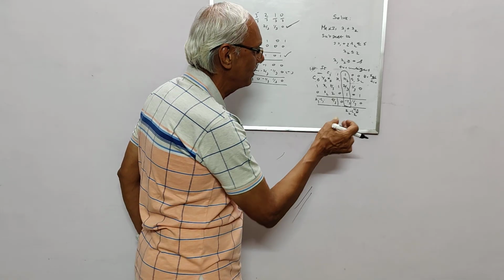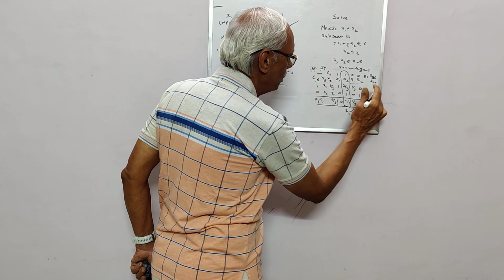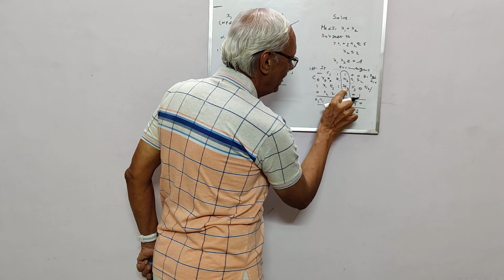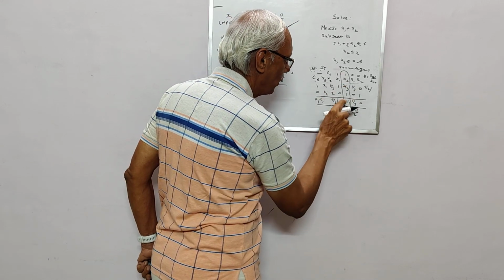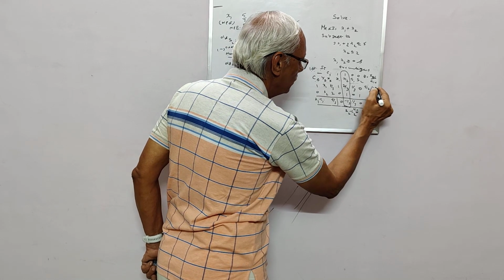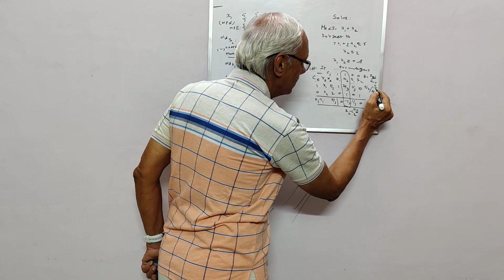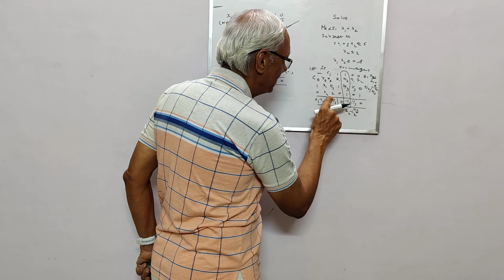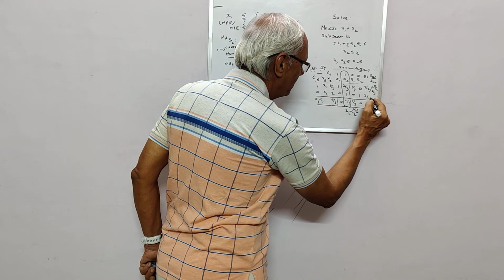How to find the leaving variable here? Go to the first row. What is the XB value? 5 by 3, divided by the ith row key column element 2 by 3. So this is equal to 5 by 2. Come to this: the XB value is 2, divided by 1.